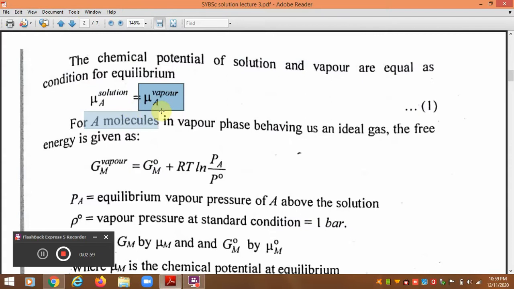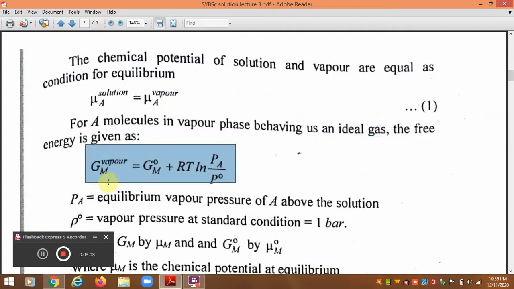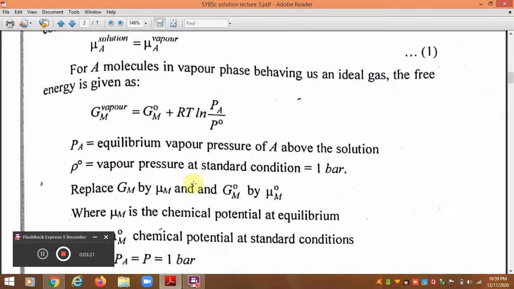So for component A, or molecule A, in the vapor phase which behaves as an ideal gas, the free energy G of that molecule in the vapor phase is equal to the standard Gibbs free energy of that molecule plus RT ln of PA upon P0. Here PA is the equilibrium vapor pressure of A above the solution, and P0 is the vapor pressure at standard condition, meaning 1 bar pressure.